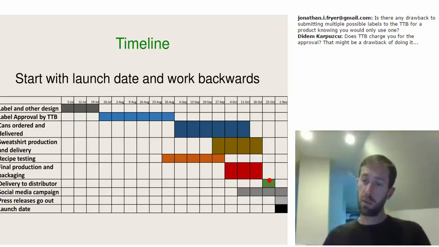A couple of weeks before launch date, I'm going to make sure that the product is finished and it's going to get delivered to the distributor so that, like I said, it can be on the store shelves or ready to hit the store shelves when launch date comes.